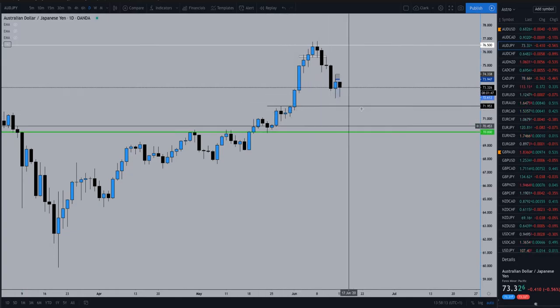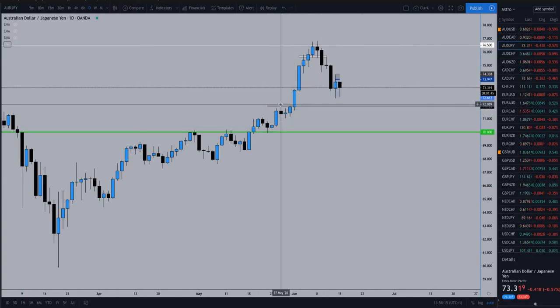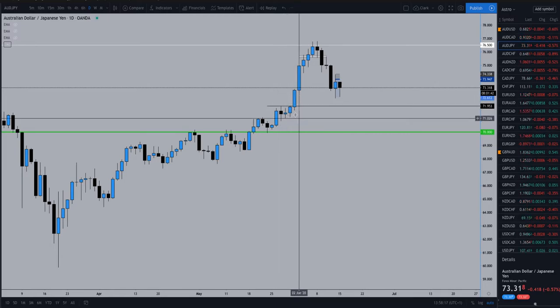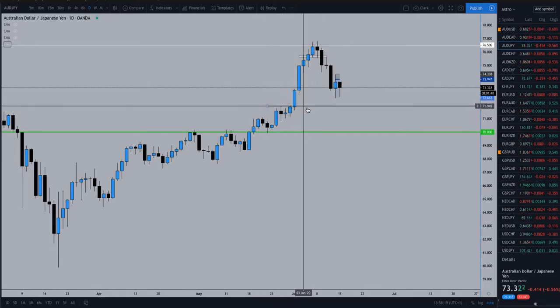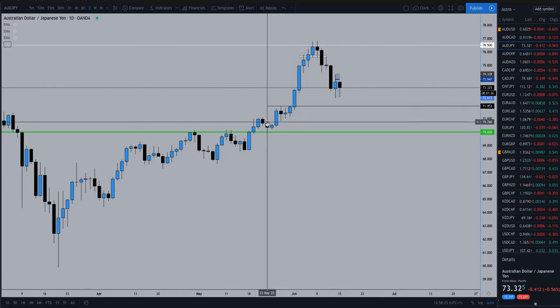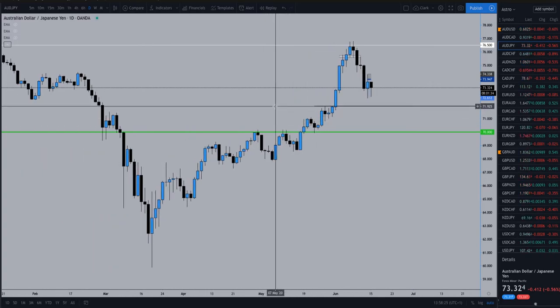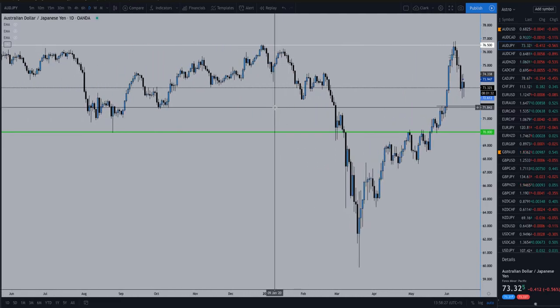Doesn't mean it will. But before I look for any buying action off this, I wanted to test this break. Okay. Because that's a pretty good support, pretty good resistance there. All right.